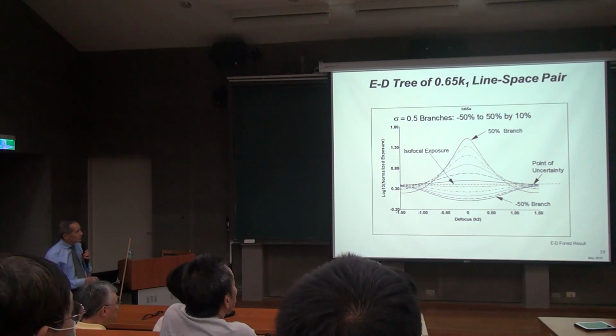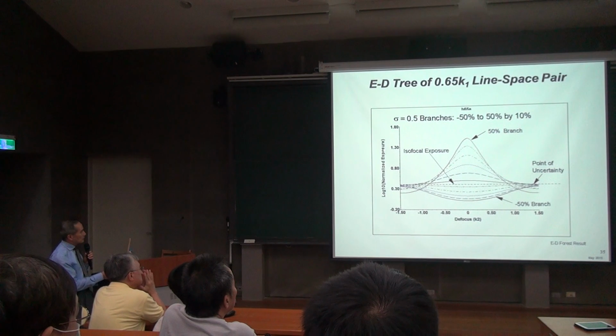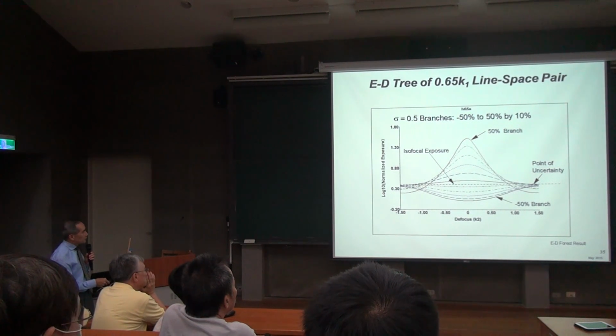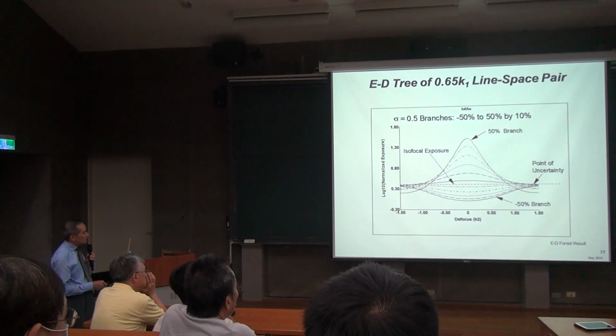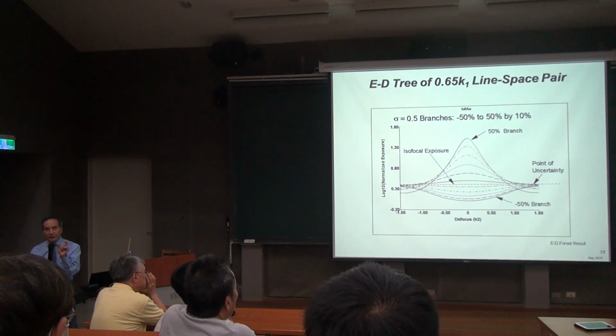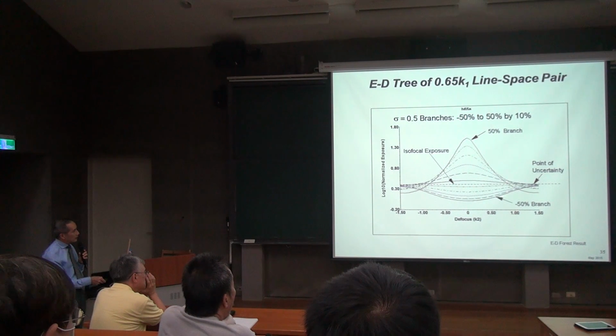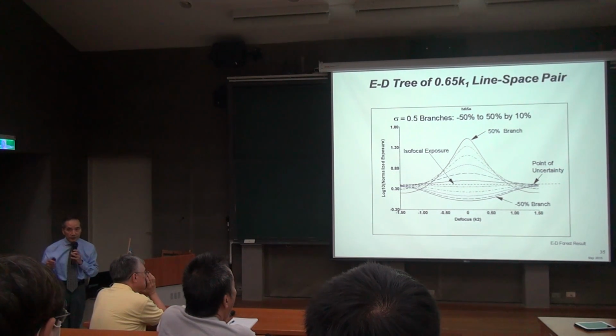So we plot this in the defocus plane and the exposure plane, in log. We plot these lines. Let's say this line is at 50%. That means if I adjust my focus and exposure along this line, my line width is going to increase by 50%. If I want a 1 micron line, if I follow this line, I get a 1.5 micron line. If I follow this line, I get a 0.5 micron line.